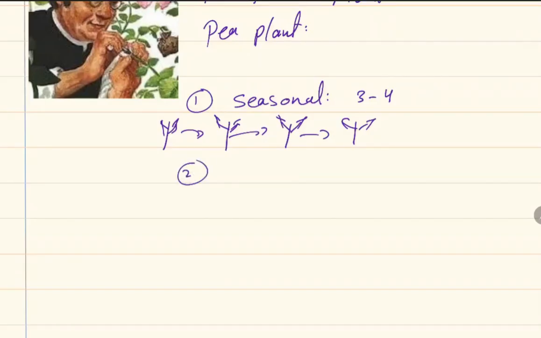Second, pea plants are bisexual. It means they have male and female reproductive organs. So pea plants have flowers, and these flowers contain both the male and the female reproductive organs, which means he can self or cross-pollinate the flowers.